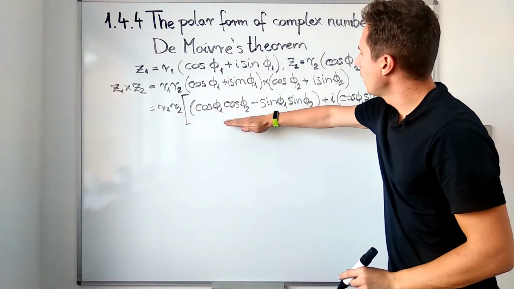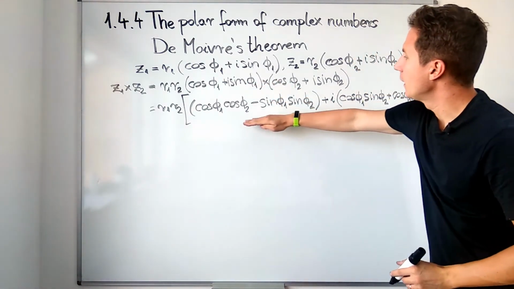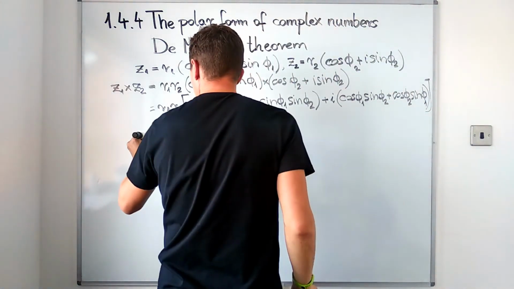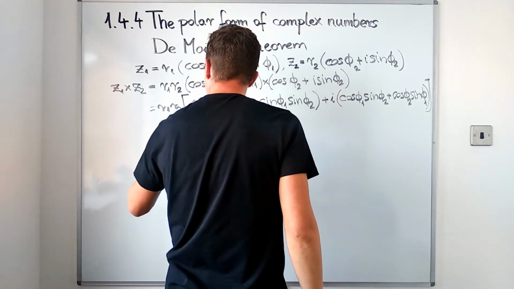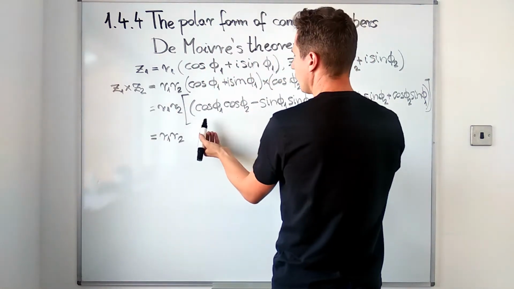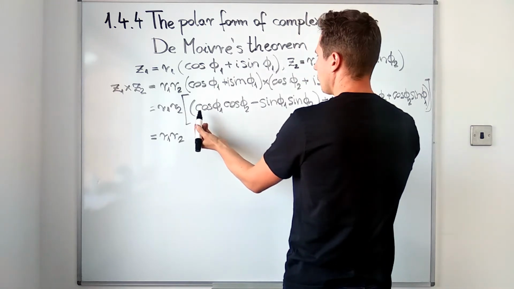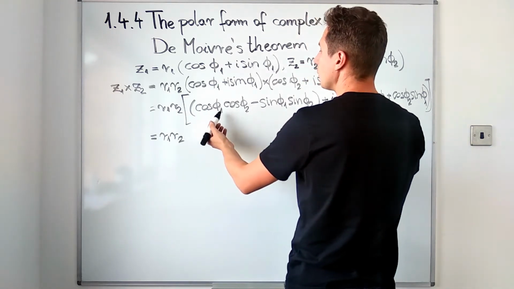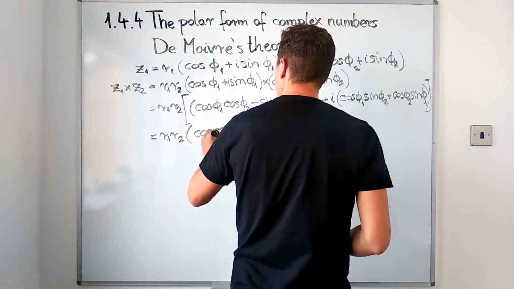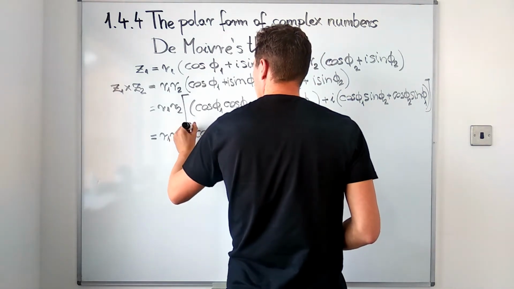And what you might recognize, I hope you do recognize these expressions, is that the real part can be written using the trigonometric identity for the cosine of the sum of two angles. This will give us the cosine of phi1 plus phi2.